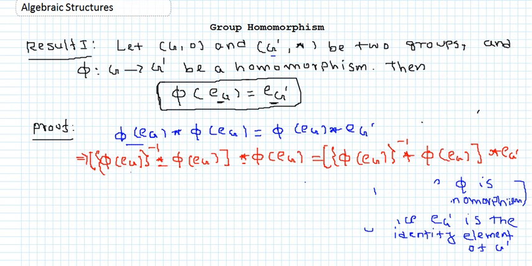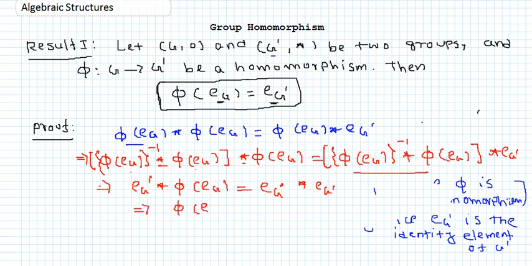Now phi of EG inverse composed with phi of EG gives us the identity element, so we get EG dash star phi of EG, and on the other side we also get EG dash star EG dash. Since composition with the identity element gives the same element, we get phi of EG equals EG dash.